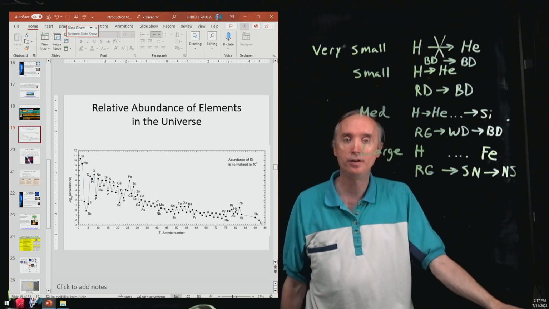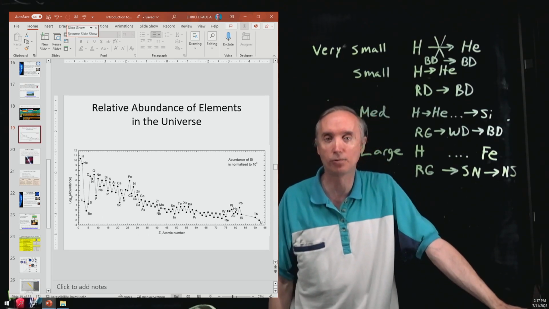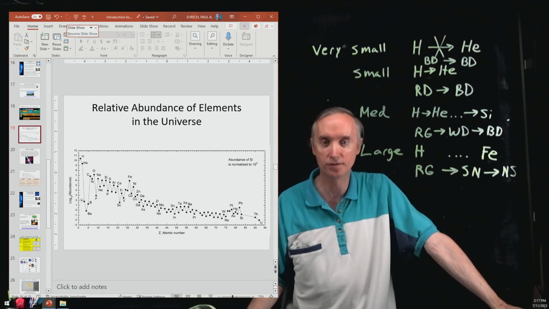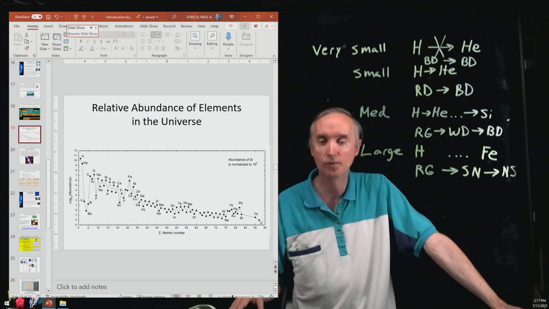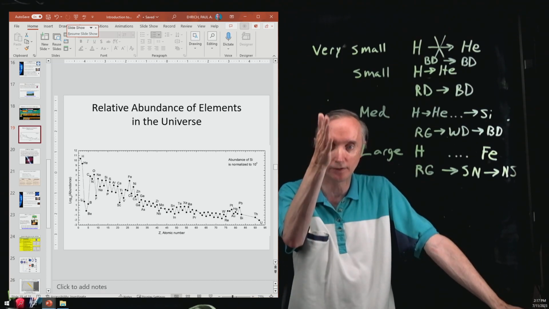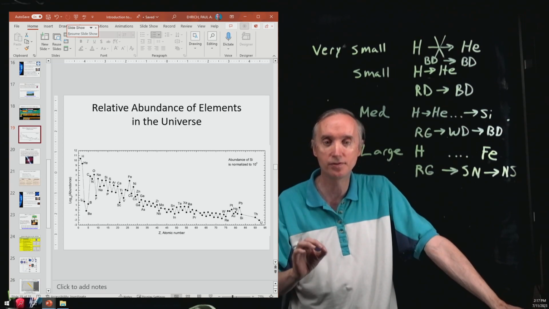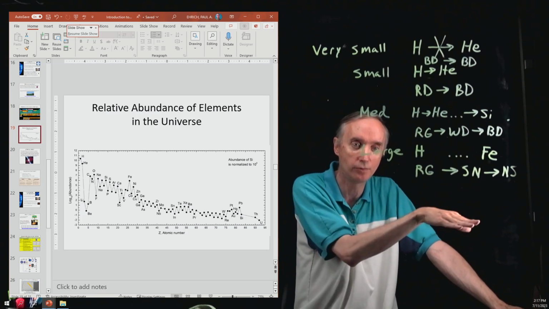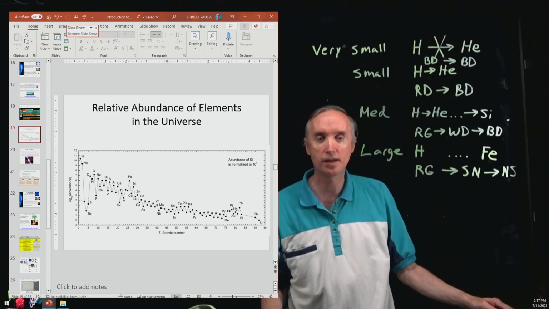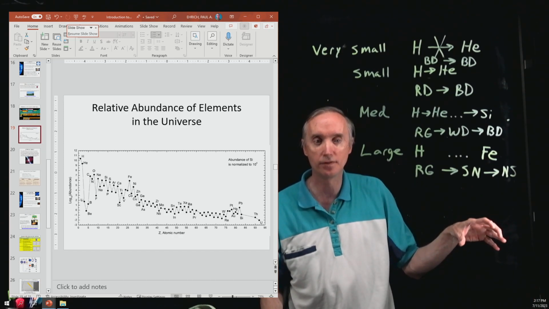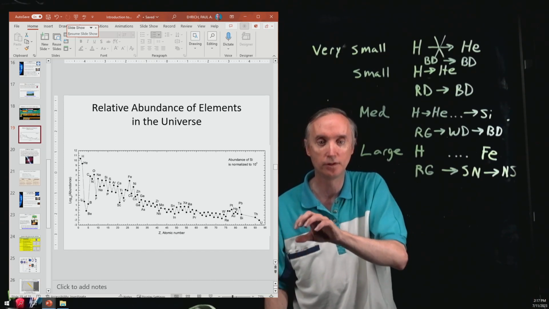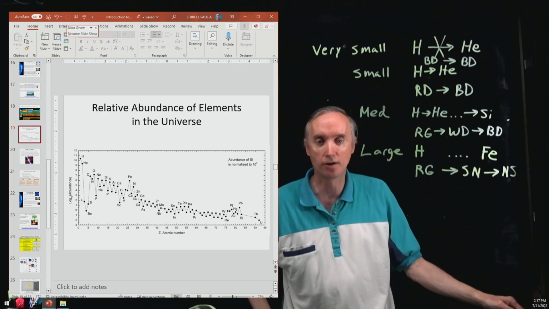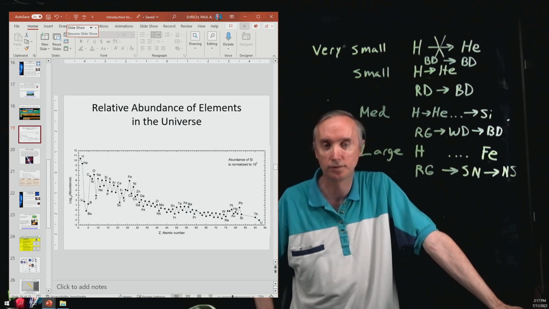And so this chart here shows the relative abundance of elements in the universe. Abundance is going up and down, and then the size of the element is going sideways. So the biggest elements are over here, and the smallest elements are over here. Just by looking at the chart, what do you notice?